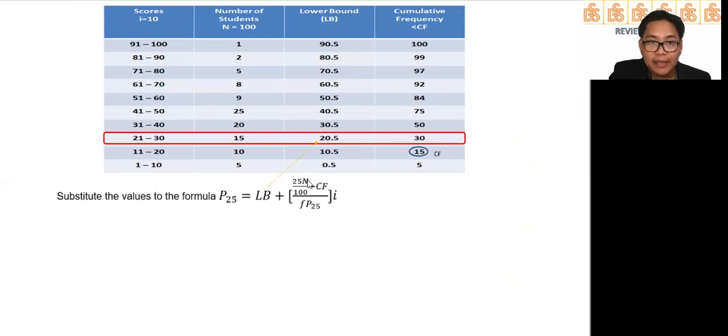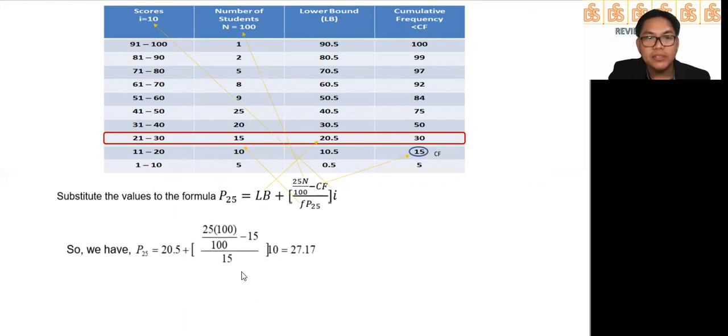How about n? Very good, it's actually 100, the total number of population or sample. How about the cumulative frequency? Correct, it's the less than cumulative frequency before the box. And the frequency is actually 15, and i is 10.